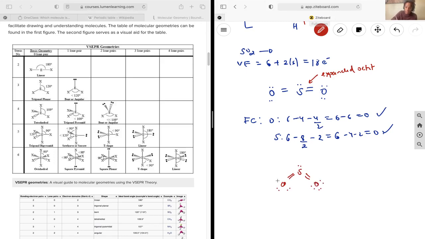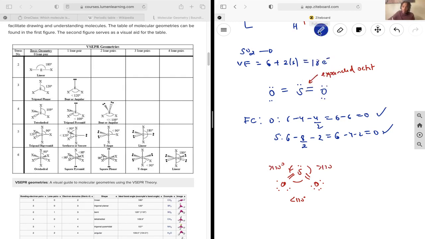Because the lone pair will repel a bit more than the electrons in these, this angle is going to be a little under 120 degrees, because this angle is going to be, of course, over 120. Sorry. Because this angle is over 120, and so is this one. It's also over 120. So this one is less than 120. And so this is what it's going to look like.